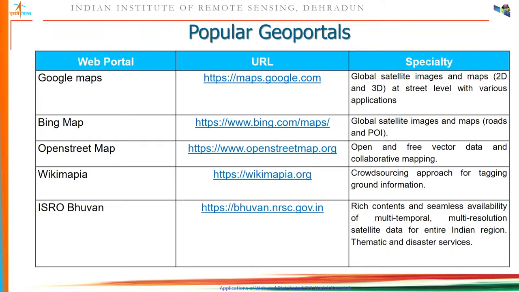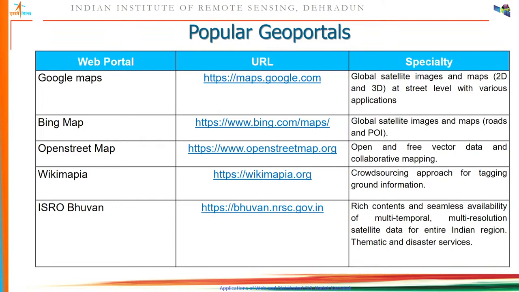So I can create a map of my own town, my village, or my area of interest, and these maps will be stored in the data repository of OpenStreetMap, and we can also download it as a copy of the data, or we can also download the data already hosted by any other person for the same locality without paying any cost. It's completely free of cost, and you can download this data into a local computer.